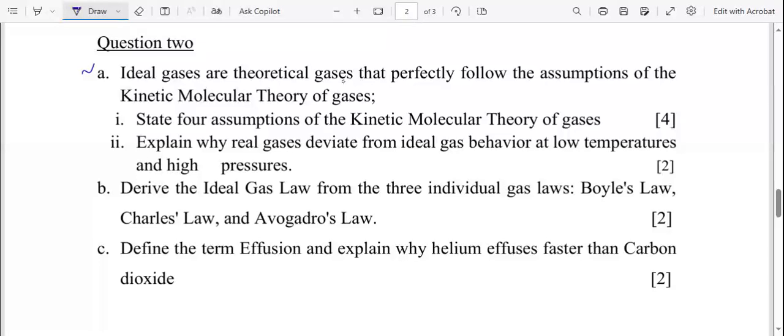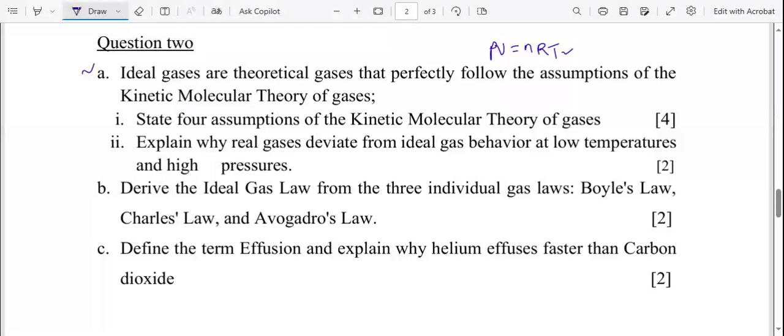There are four kinetic molecular assumptions that enable a gas to obey the ideal gas equation, which I've been preaching each and every day. The ideal gas equation is given as PV = nRT. All the gases that obey this follow what we call the kinetic molecular theory of gases.